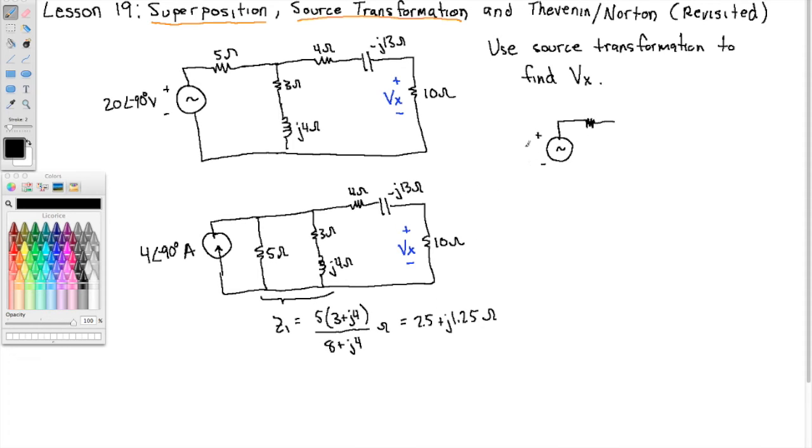Okay, and the value of the voltage, let's call this Vs. Vs is that 4 angle negative 90 degree amp times 2.5 plus j1.25 ohms.